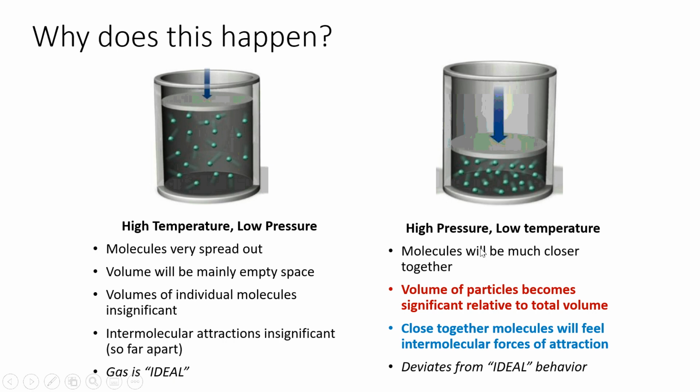Over here, under high pressure and or low temperature scenarios, the molecules are much closer together, so the volume of the particles becomes more significant relative to the total space they occupy. Since they're close together, the molecules experience more intermolecular forces of attraction, and so here we'll see some deviation from ideal behavior.